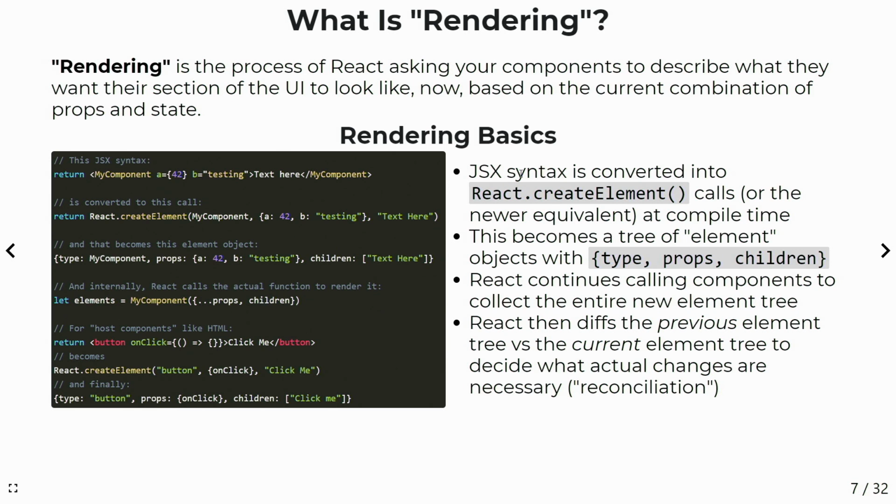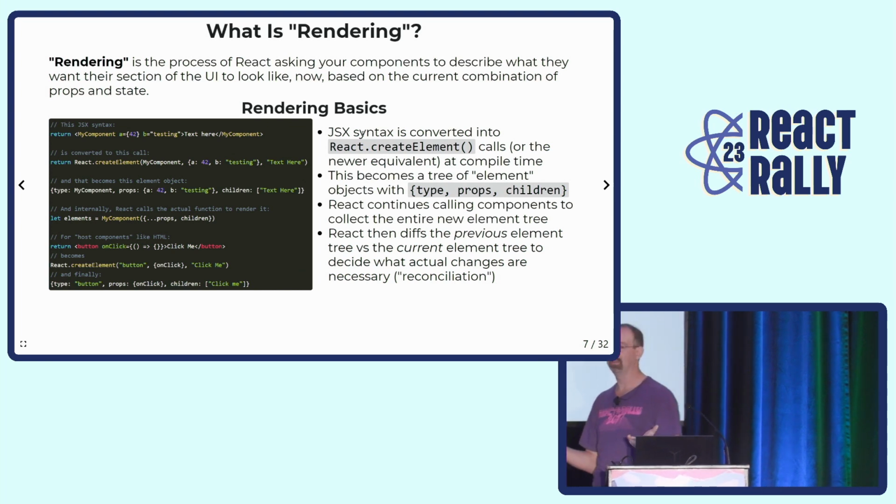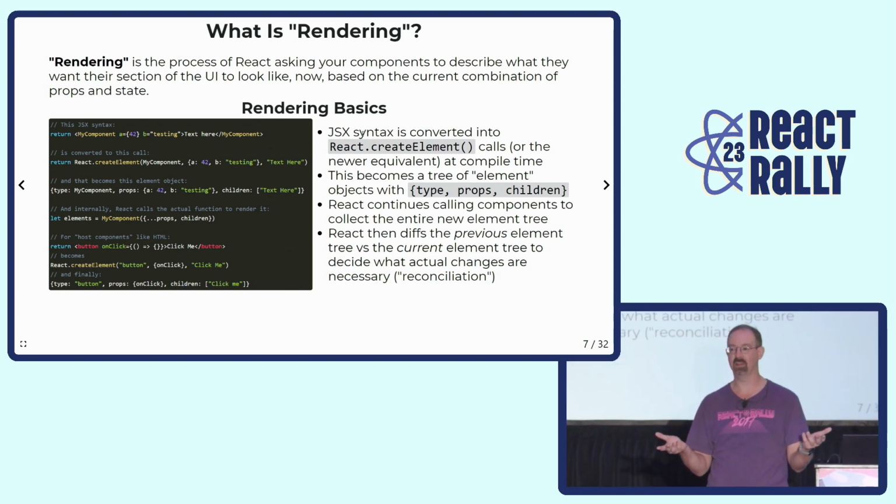That happens during the build process. So at runtime, createElement takes the component type and the props, and it returns an element object, which really just formats the data, so it's got a reference to your component type and the props and any children that you want inside of that. So during rendering, React is going to call all of your components, ask them to output these elements, and these form a tree of what the UI should look like at this point in time.